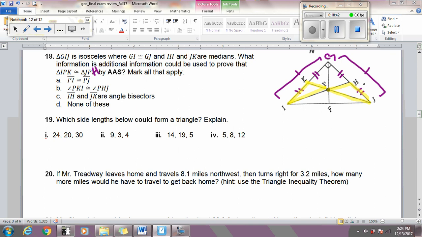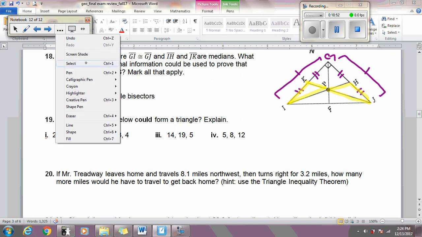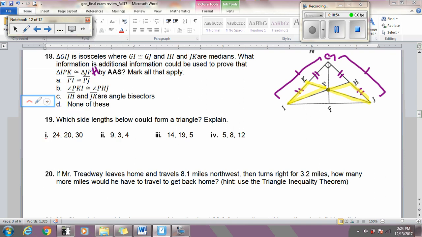So far, we know that IK and HJ are congruent, right? So for angle, side, we need two angles to be congruent. So we don't need to know about PI and PJ. We don't need to know any more sides. It would be helpful if PKI was congruent to PHI.